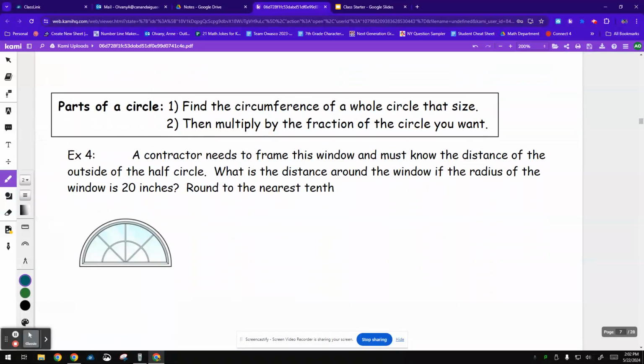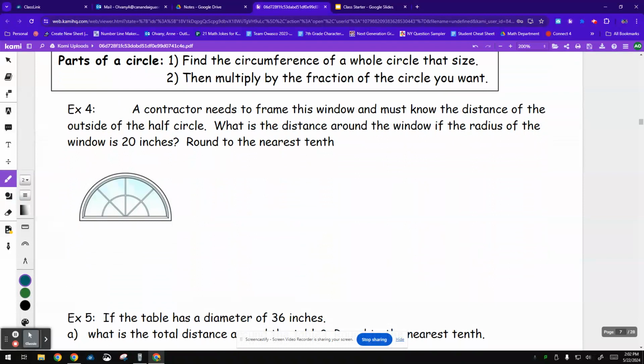Now, sometimes we don't need the whole circle, right? If I'm going to have my contractor frame this window, you know how you put woodwork around the window, pretty woodwork, and paint it. I used to have a window like this above my door in my house.